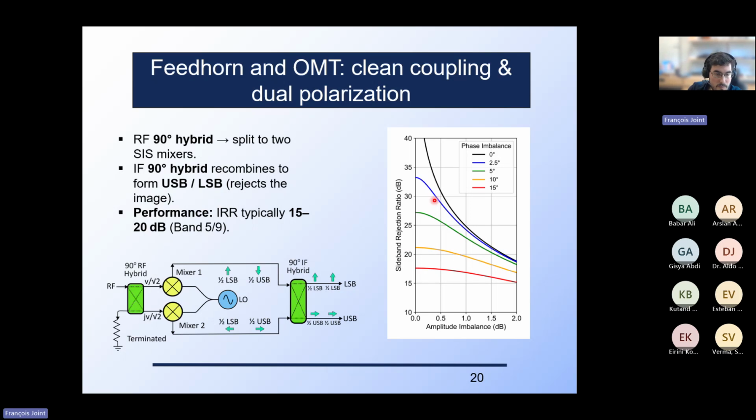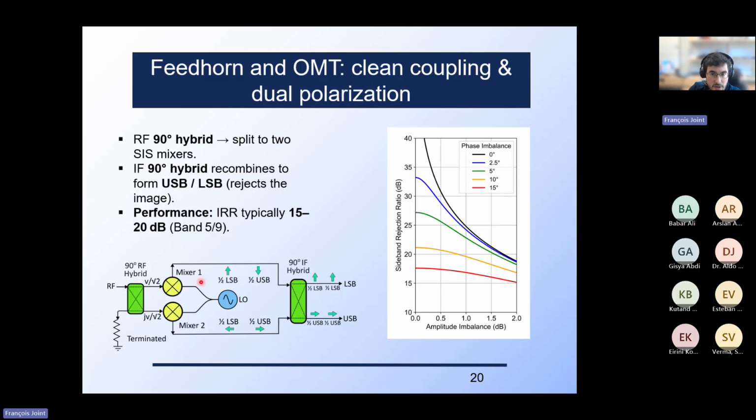Sideband separation, as I mentioned, is extremely complex. It's a bit more complex than double sideband because it involves many more devices. After the OMT, for each side, we find a 90 degree RF hybrid, which splits the signal into two paths with equal amplitude and quadrature phase shift.